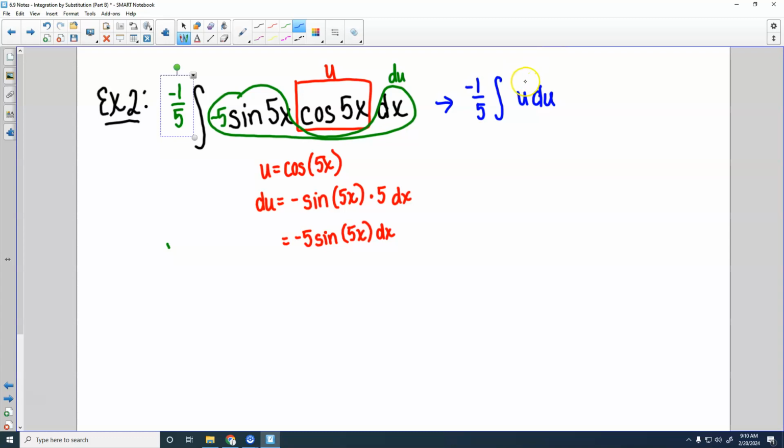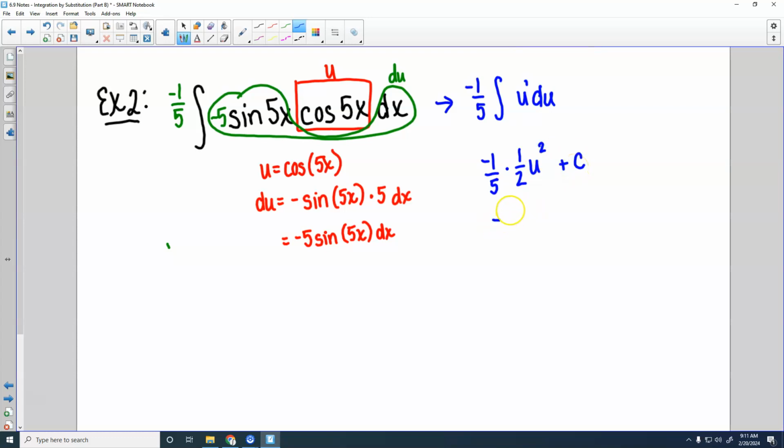All right, that's like u to the first power, so we need to integrate this. It's just the power rule. We're going to go u to the second. We got to divide out front by that 2, so we'll get a 1/2. We still got that negative 1/5 that's out there as well. And what else do I need? Plus c.